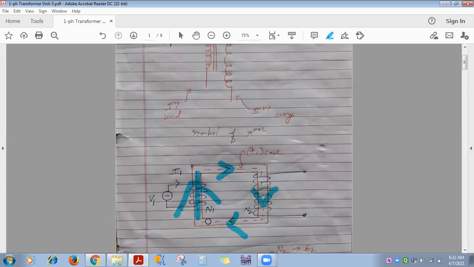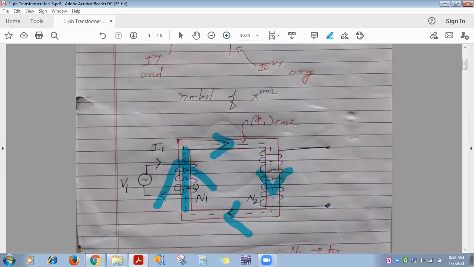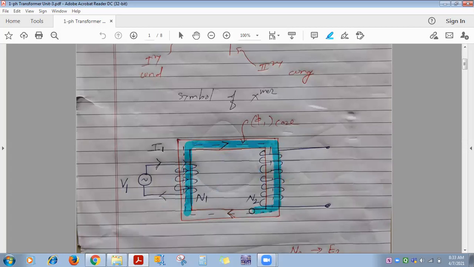So the dotted line inside the core is the direction of flux. Dotted means flux, and the arrow is the direction, isn't it? So flux through this core will flow in clockwise direction. Got the thing? Any difficulty with this?